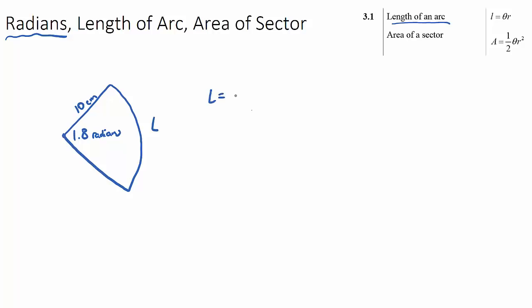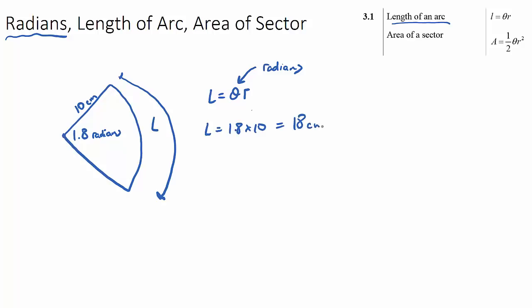The arc length will be theta multiplied by r, and we need to make sure theta is in radians. So our arc length, which is this distance here, will just be 10 times 1.8, which would be 18 centimeters.